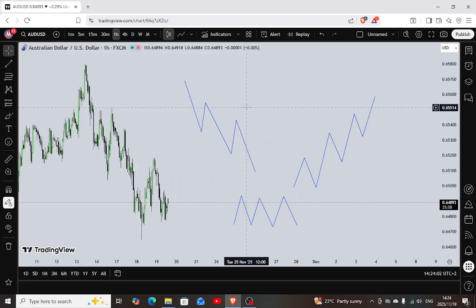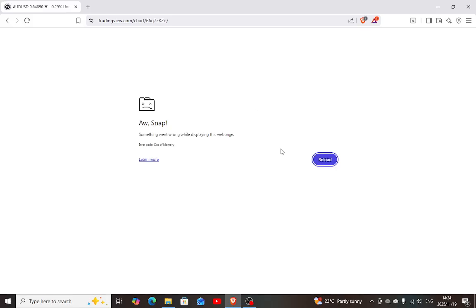If you see it's in a downtrend, the most logical thing to do is take sales, because that's where there's more volume. There are more sellers in the market at that point in time. If it's an uptrend, you do likewise.